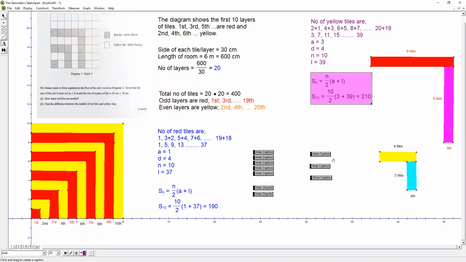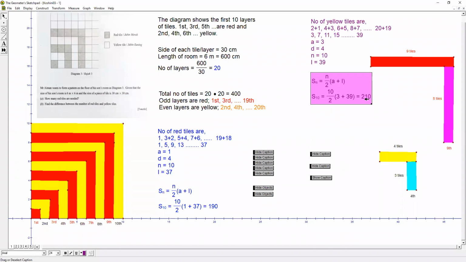Anyone? Okay. So we have found also, using the sum of all these layers, Sn, the formula is correct, n over 2 into (a plus l), the total number of yellow tiles, which is 210.